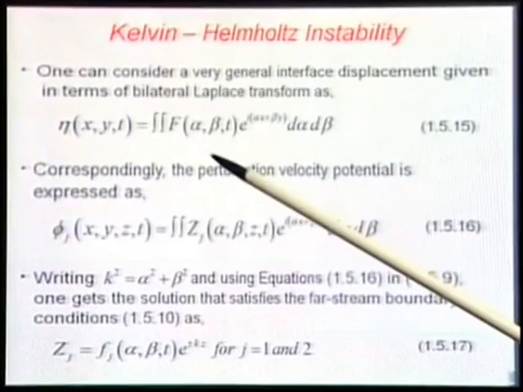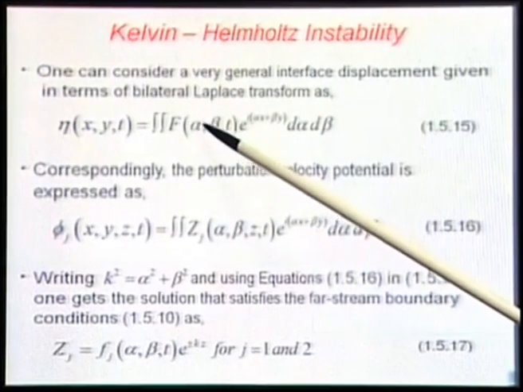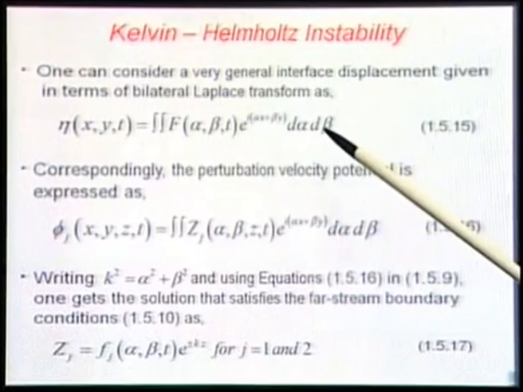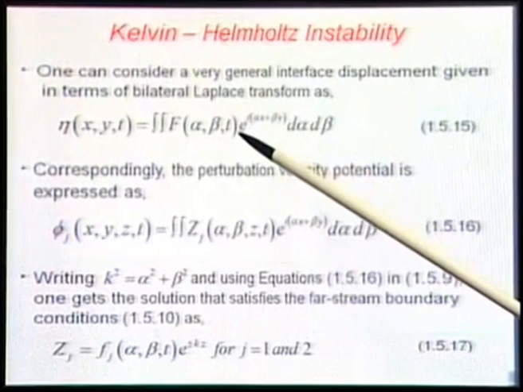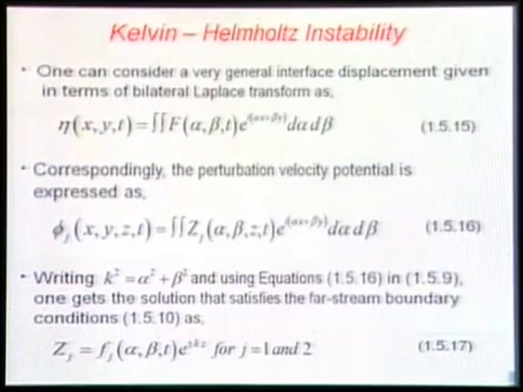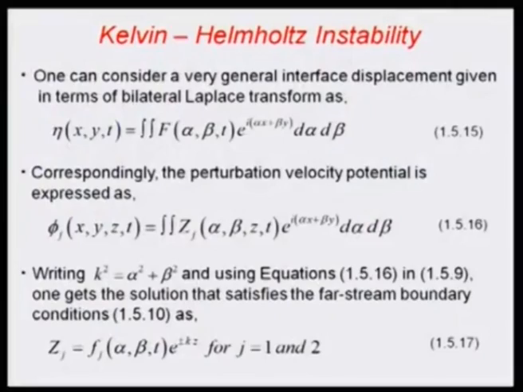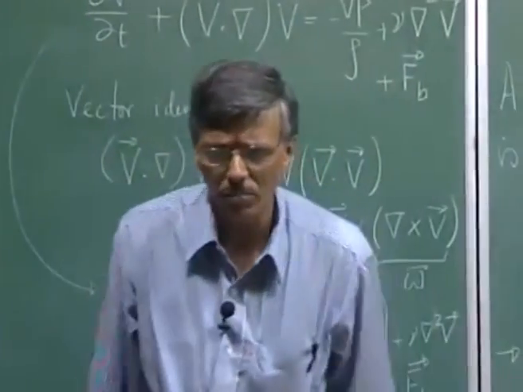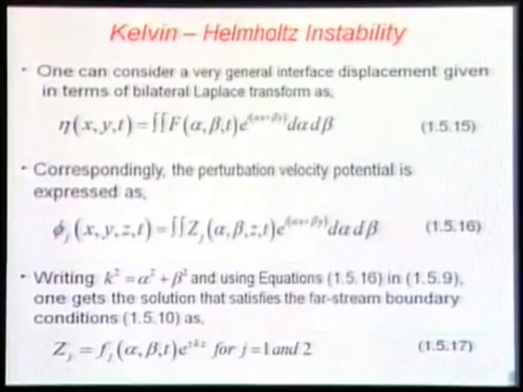So, if I write it in terms of its Fourier Laplace amplitude, capital F times a function of the wave number in the x direction, the wave number in the y direction, and the time is of course there, then this is how we should write it, integrating over the whole possible ranges of alpha and beta, and that is what this integral stands for. So, we are basically talking about a very general prescription. This does not require any kind of approximation here.